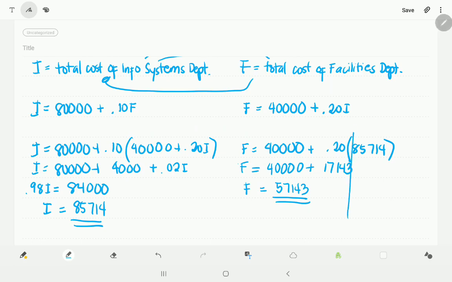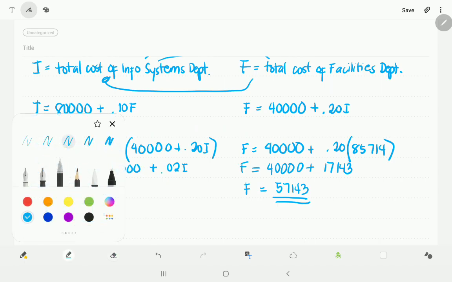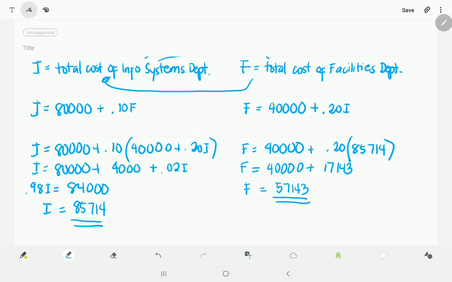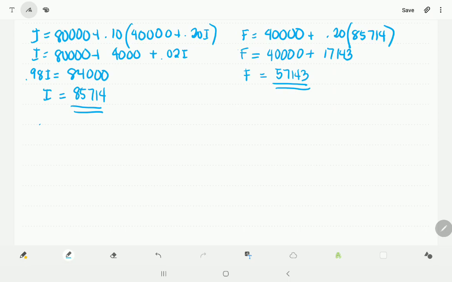If we want to compute the allocated cost to each production department, we start with the 85,714.